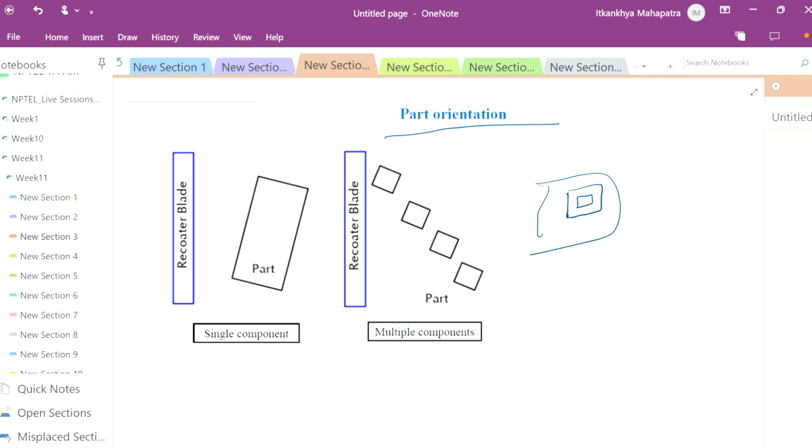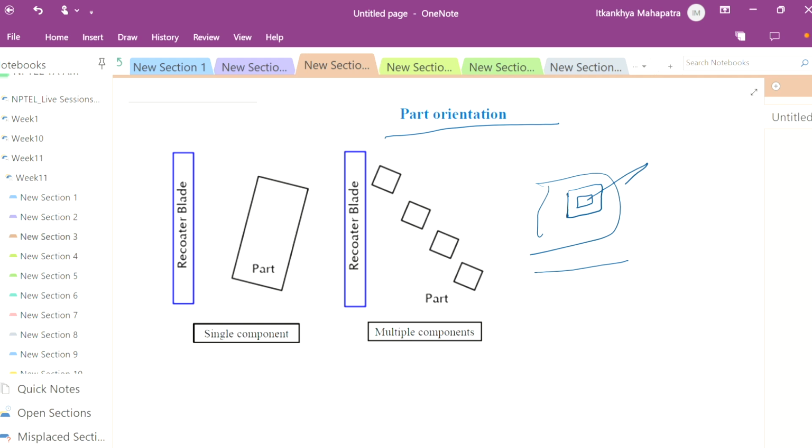Sometimes there may be a problem with leveling, so to avoid this we usually place the component in the middle portion, because here inaccuracy is mostly less. It is always preferred to put it at the middle to avoid inaccuracies. This is for FDM, what I am talking about: fused deposition modeling or fused filament fabrication.